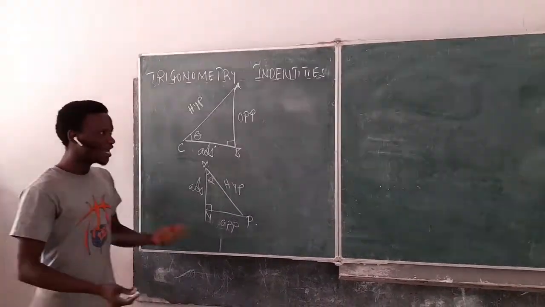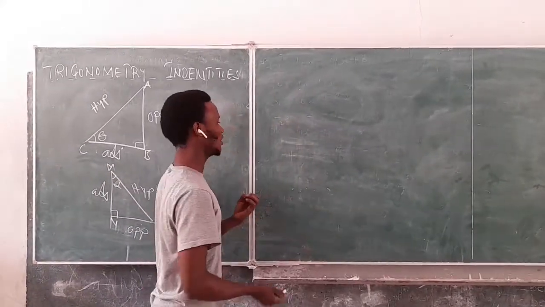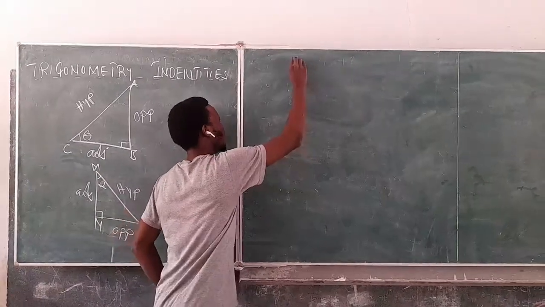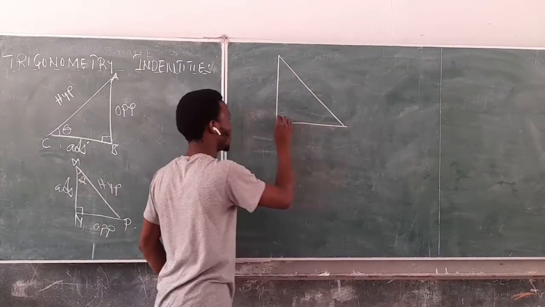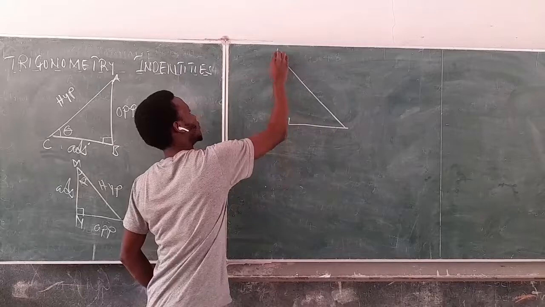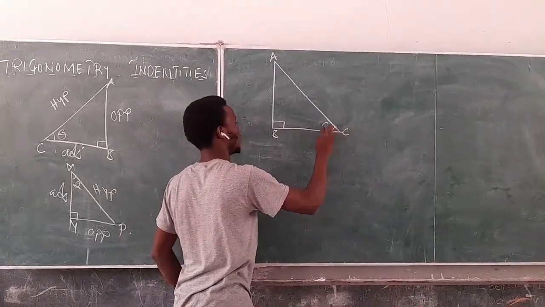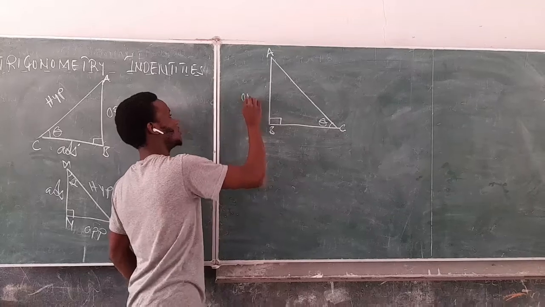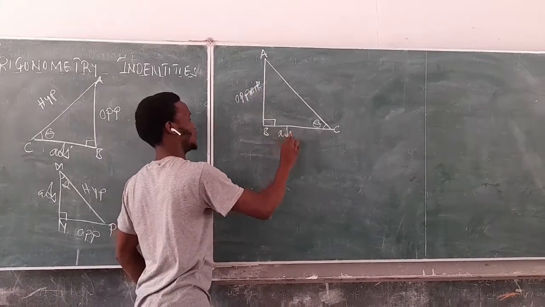Now, what are some of the things that we need to show here today? First of all, if you observe, there's a right angle triangle as we discussed previously. We have our 90 degrees here, we call this one A, we have our B and our C, and our angle here, theta. Then we know that this is the opposite and this is the adjacent.